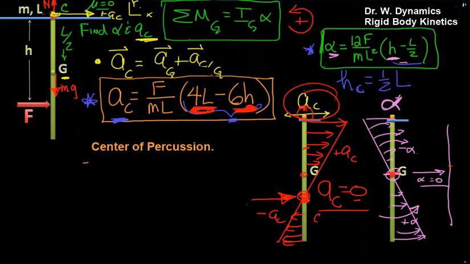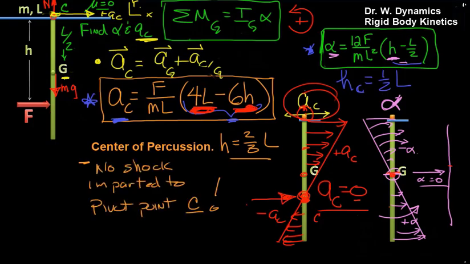And the center of percussion, which we said is at h equal to 2/3 of L, is the location where no shock will be imparted to the pivot point at that one instant. And if we were holding it here with our hands, let's say, and someone hit that spot, we wouldn't feel anything initially.